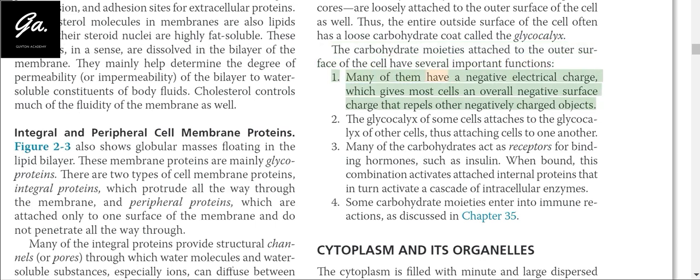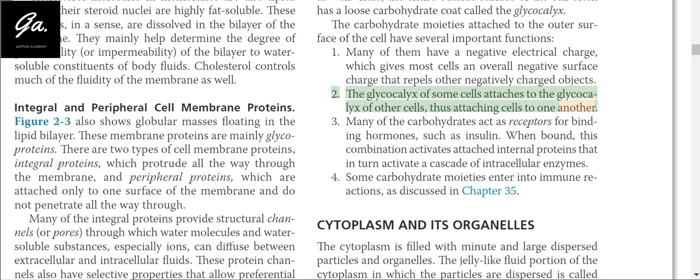One, many of them have a negative electrical charge, which gives most cells an overall negative surface charge that repels other negatively charged objects. Two, the glycocalyx of some cells attaches to the glycocalyx of other cells, thus attaching cells to one another.